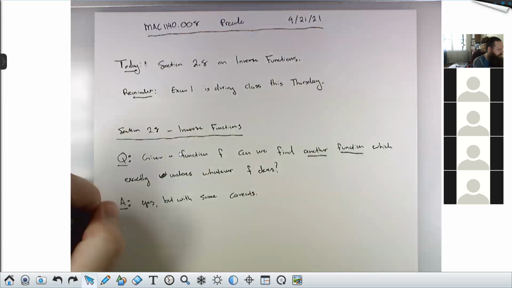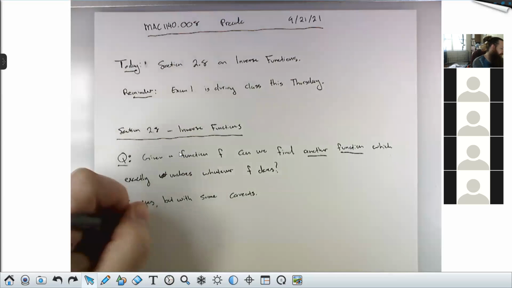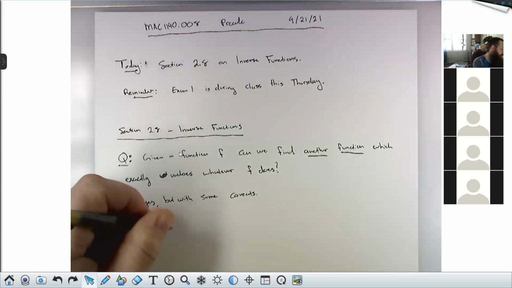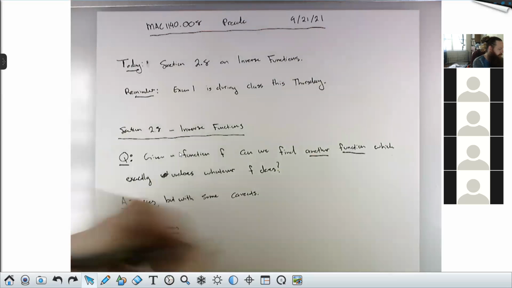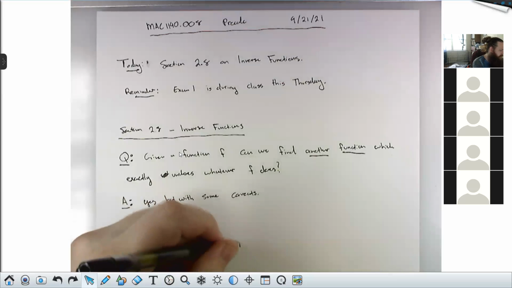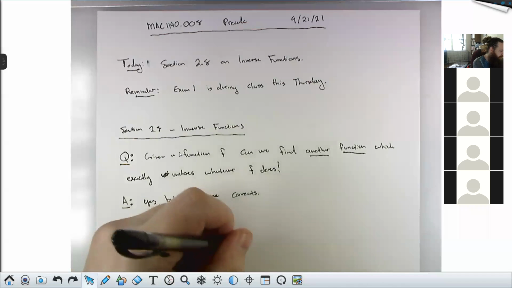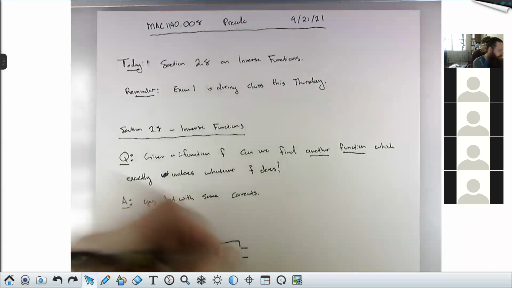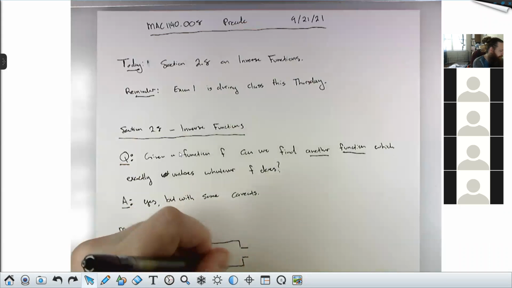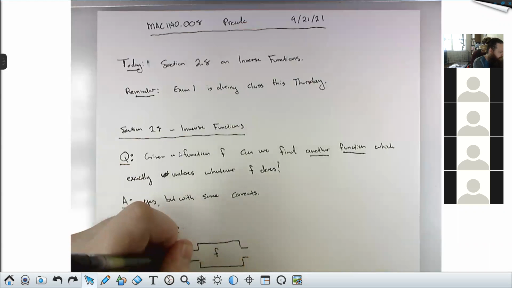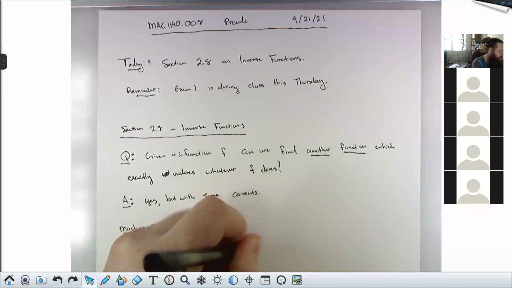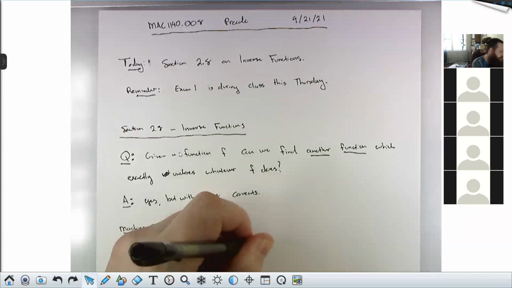So to think about this in terms of the machine diagram, remember we said we can think of the function f as being like a machine on an assembly line. x's come in, and f of x's go out.